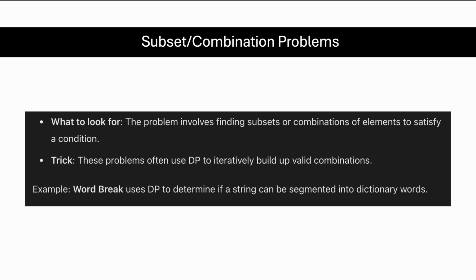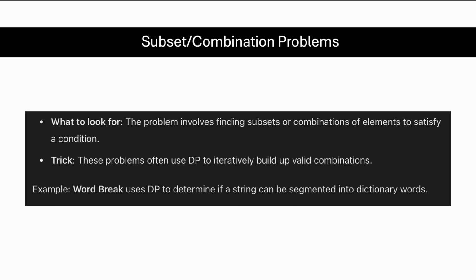Subset combination problem. When we talk about subsets, let's say given a string S and a dictionary of words, determine if S can be segmented into a space-separated sequence of dictionary words. So what to look for? The problem involves finding subsets or combinations of elements to satisfy a condition, right?